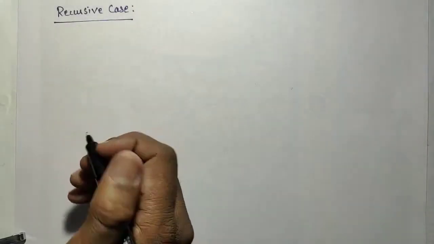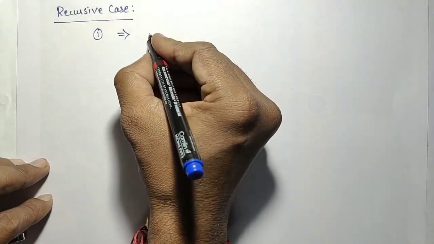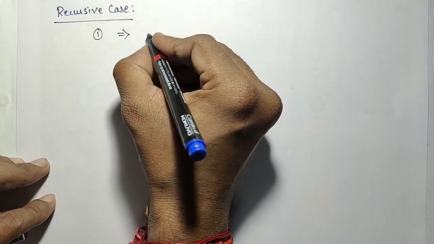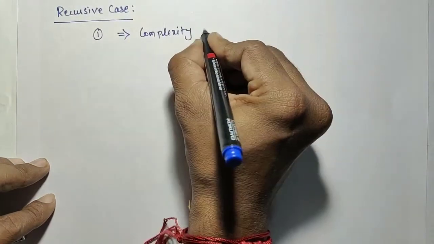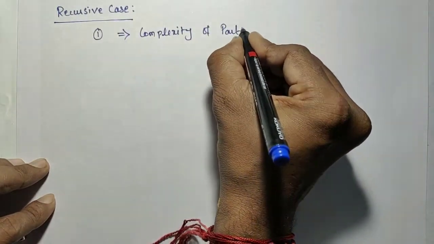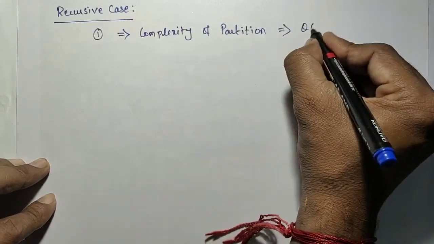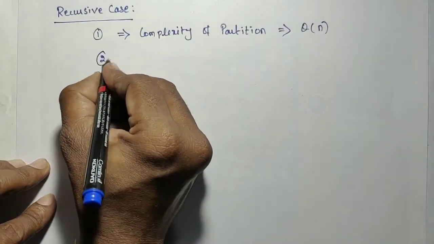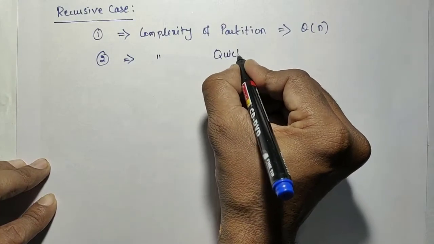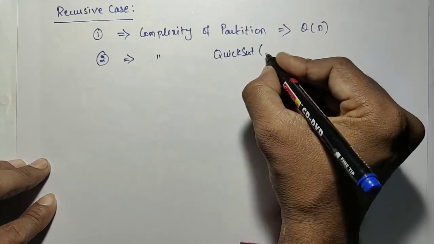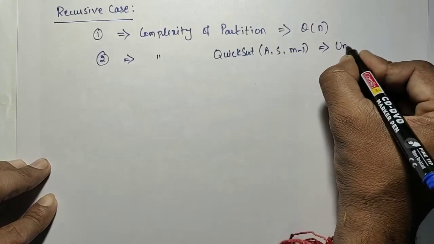Step 1 is the complexity of the partition algorithm, which is theta of n. The second step is the complexity of quicksort of A, S, m minus 1. This is of unknown size.